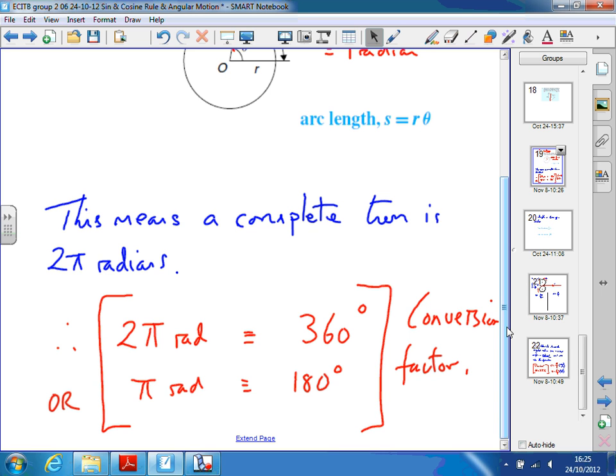So if you remember that 2 pi, which is associated with a complete turn in radians, is 360 degrees, then we can say that pi radians is equivalent to 180 degrees, so we can then convert from degrees to radians and radians to degrees. So that's an important ratio to remember, that 180 degrees is pi radians, or 360 degrees is 2 pi radians.